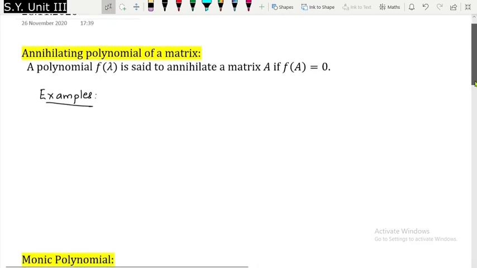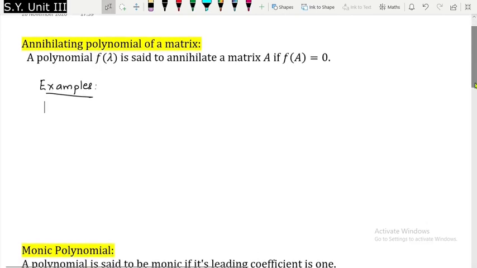The meaning is simple. Now we have seen the characteristic polynomial. We have also seen the Cayley-Hamilton theorem. So what does the Cayley-Hamilton theorem say? Every square matrix satisfies its own characteristic equation. So we have already come across the concept of annihilating polynomial in case of the Cayley-Hamilton theorem.